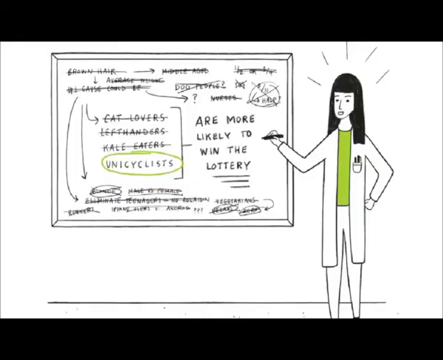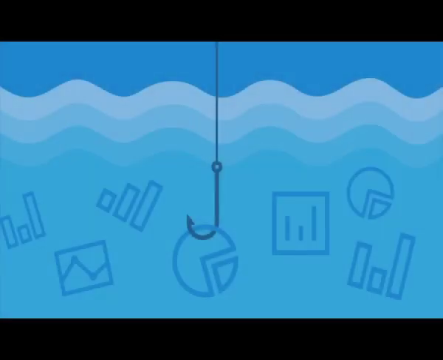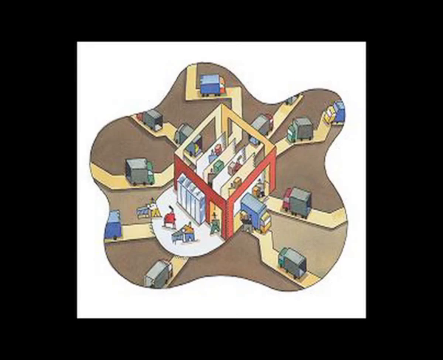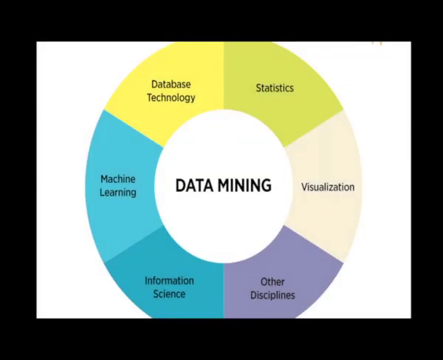The related terms data dredging, data fishing and data snooping refer to the use of data mining methods to sample parts of a larger data set that are too small for reliable statistical inferences to be made about the validity of any patterns discovered. These methods can be used in creating new hypotheses to test against the larger data populations.